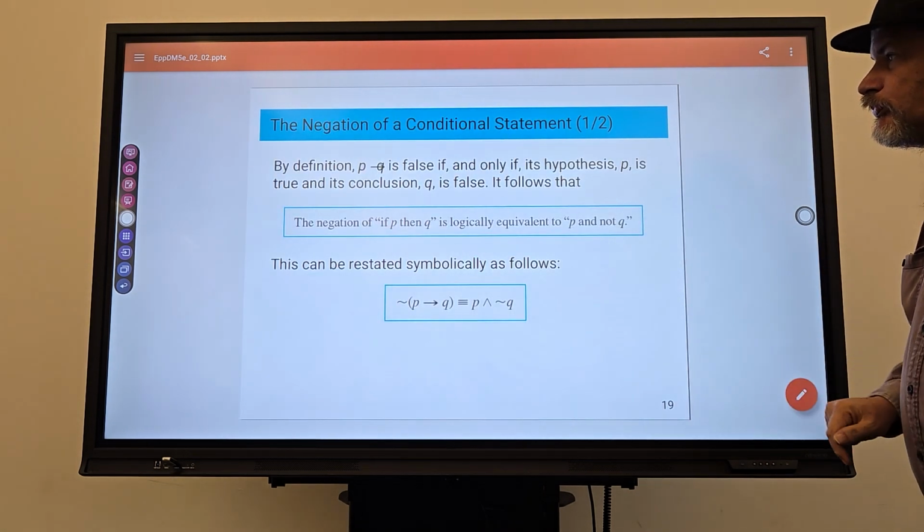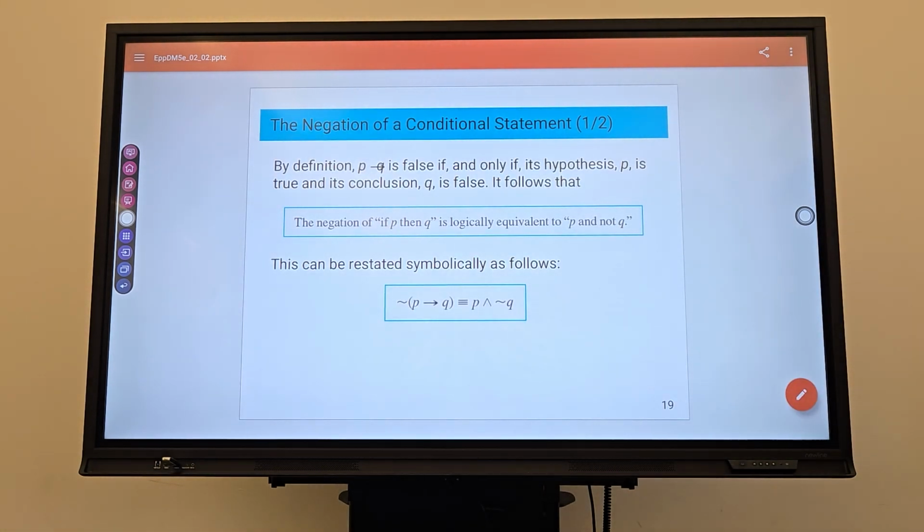All right. By definition, P implies Q is false if and only if its hypothesis P is true and its conclusion Q is false.